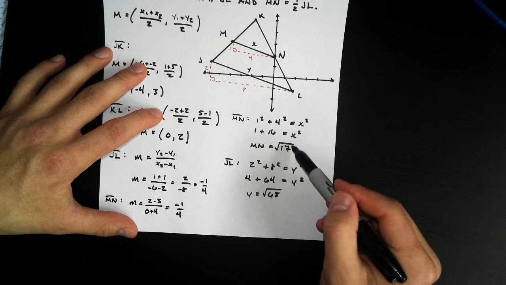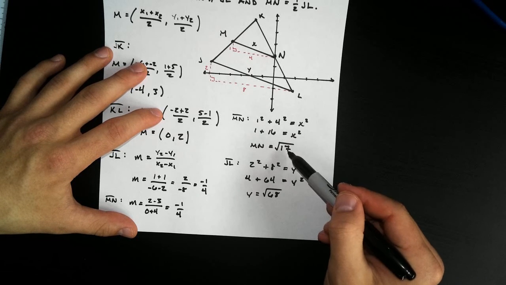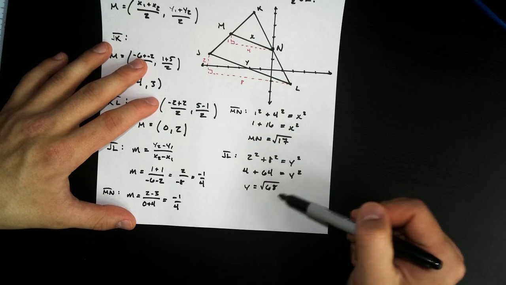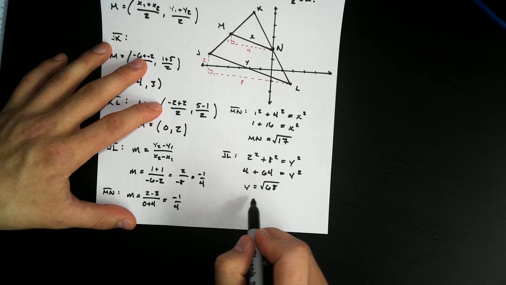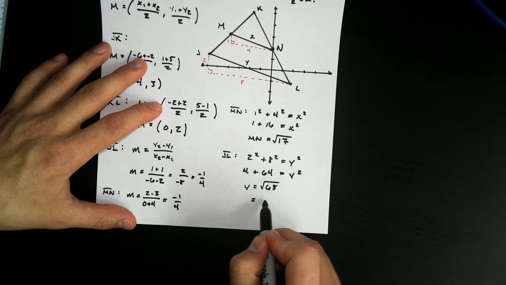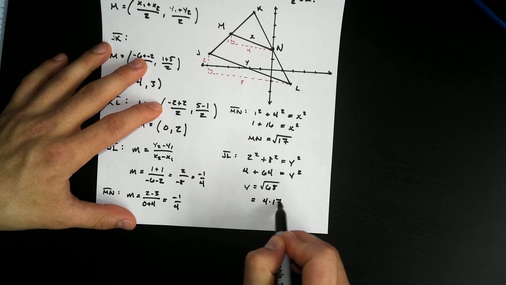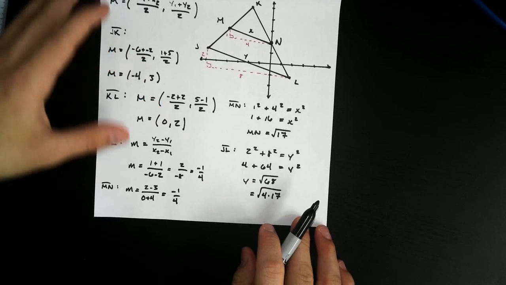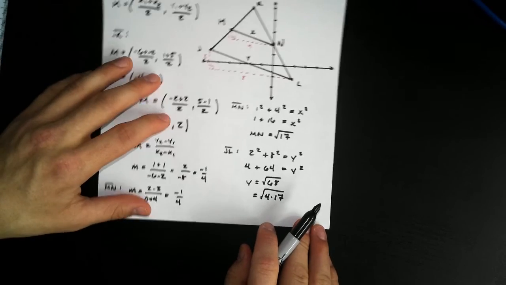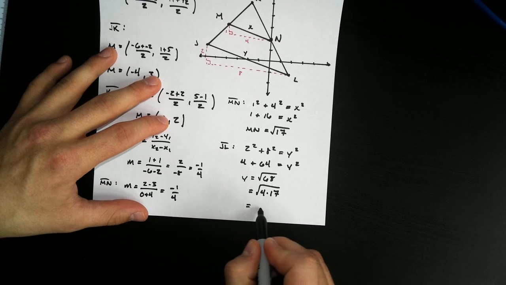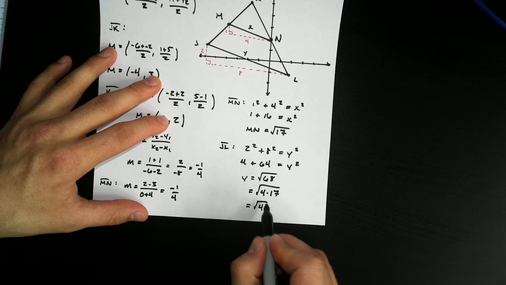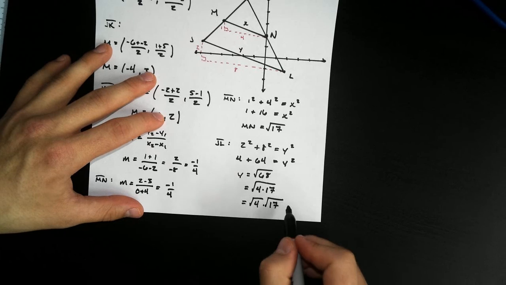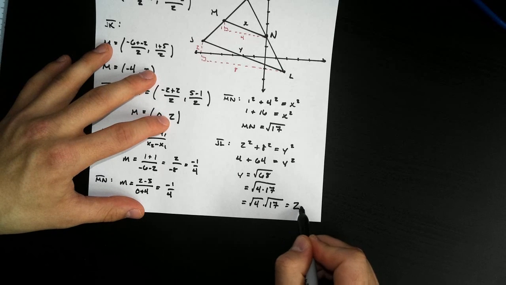Now, comparing these two, it's not directly apparent right away, but we can simplify the square root of 68. So 68 is the same as 4 times 17. And now using the product rule for radicals, we can split that up into the square root of 4 times the square root of 17. And the square root of 4 is the same as 2.